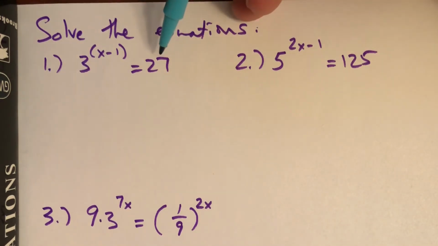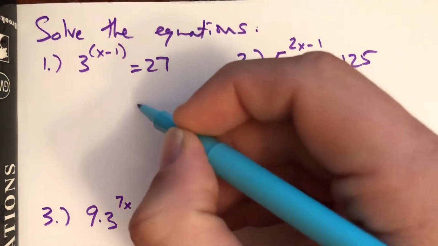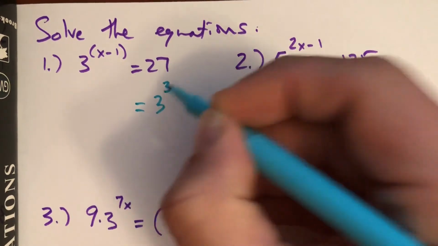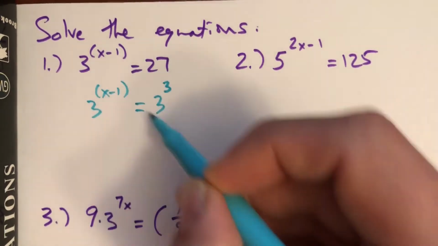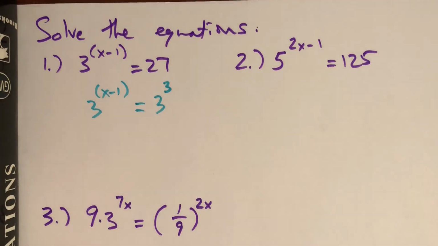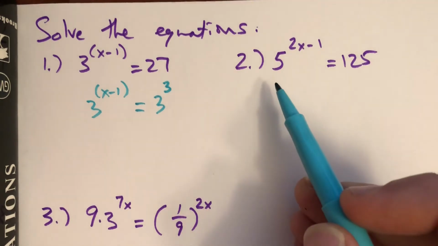Can I write 27 as a power of 3? Well, yeah, we can. We know that 3 times 3 is 9 times 3 is 27, so we can rewrite this one as 3 to the third. So I've got 3 to the x minus 1 equals 3 to the third. I said we're going to look at all these.